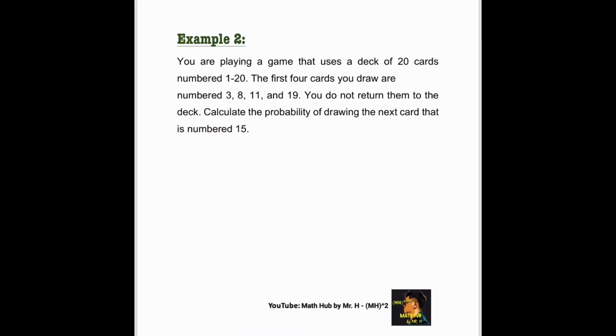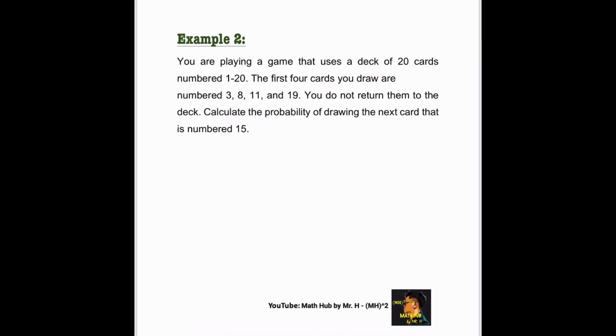All right, so first we need to identify the key information from the question. We were told that you already picked 4 cards numbered 3, 8, 11, and 19. So 4 cards have been removed from the deck of 20 cards.